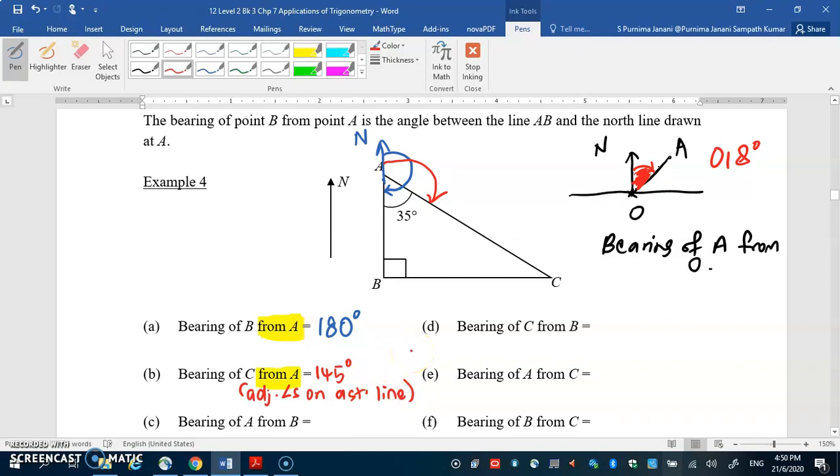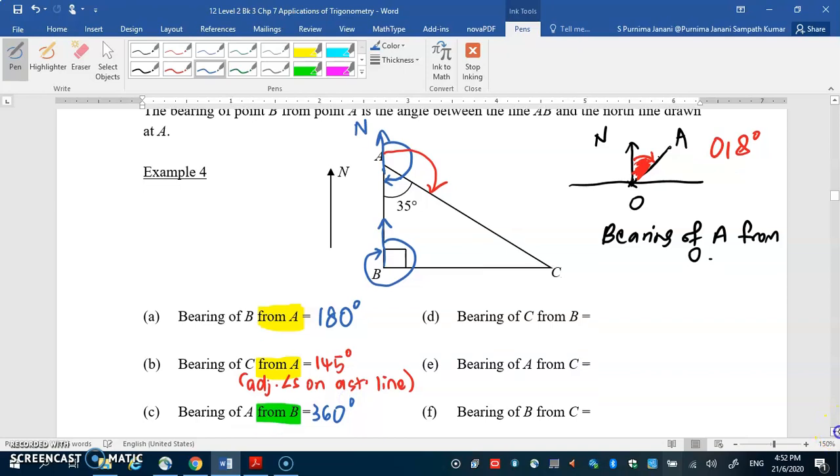Next, bearing of A from B. So now it's not from A anymore, it's from B. And you want to find the bearing of A. So you draw a north at B, and you will go clockwise until you hit A. When you go clockwise until you hit A, you realize that that's a full circle, so it's 360 degrees.